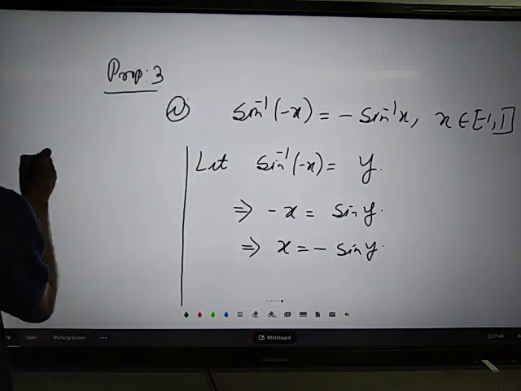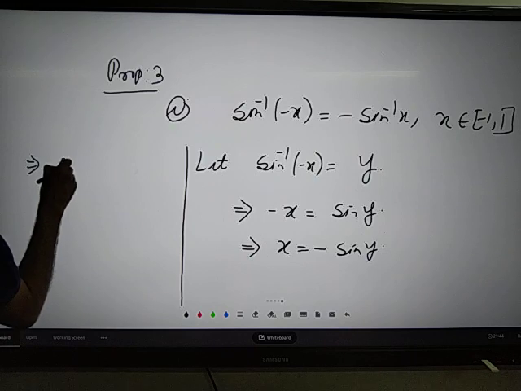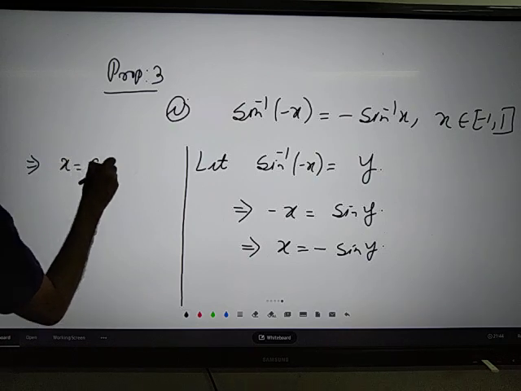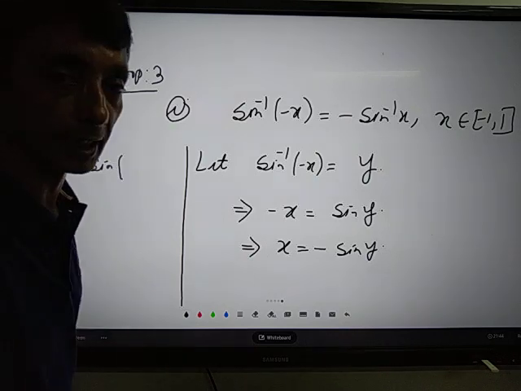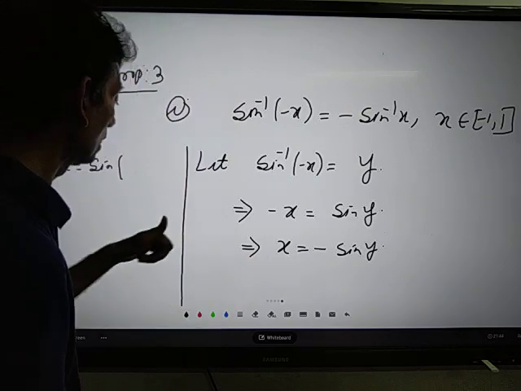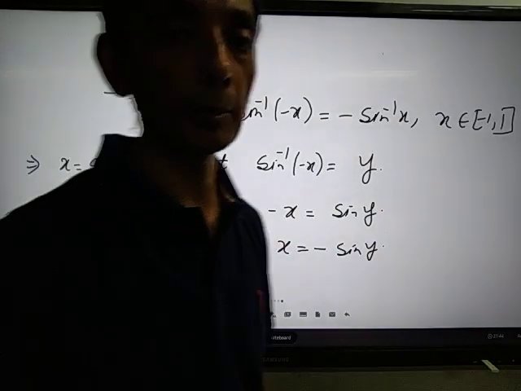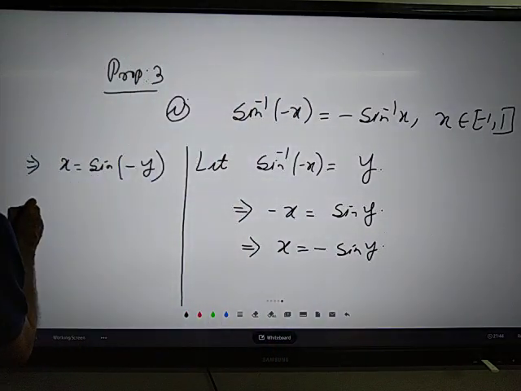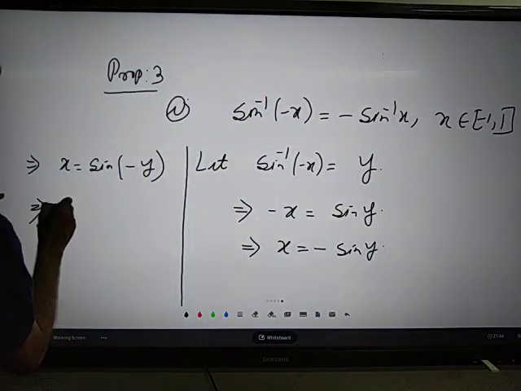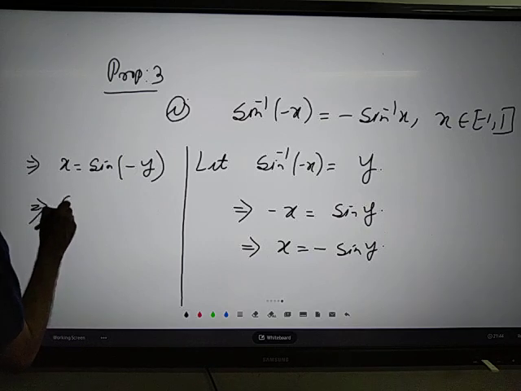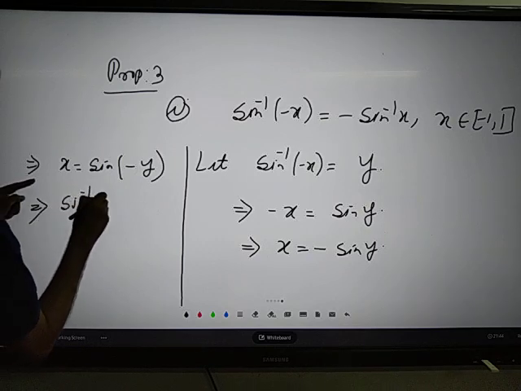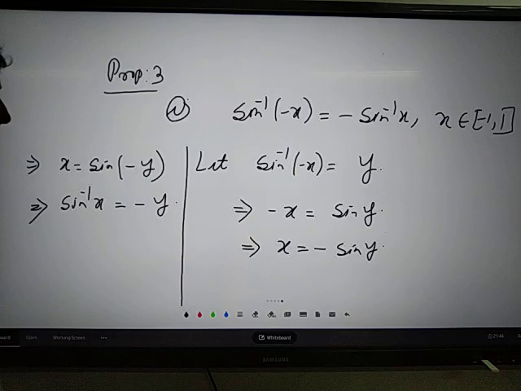So next we can write x equal to sine of minus y. Then sine inverse x equal to minus y.